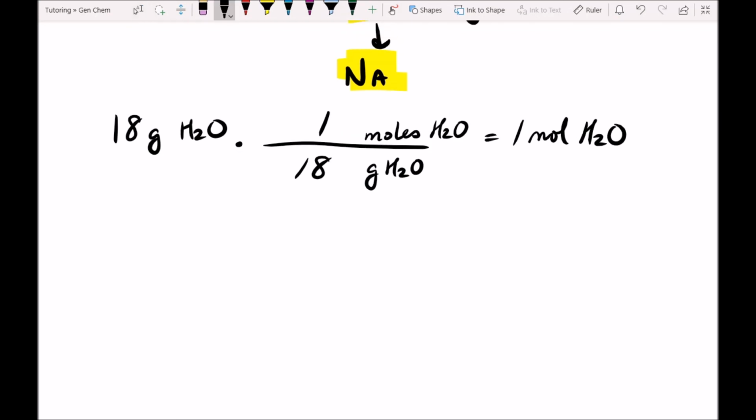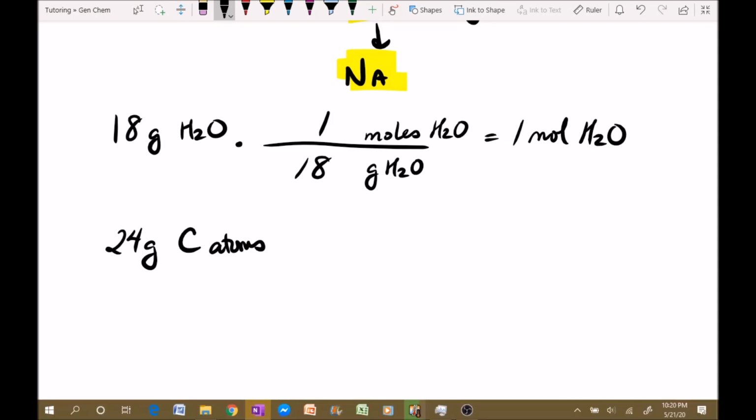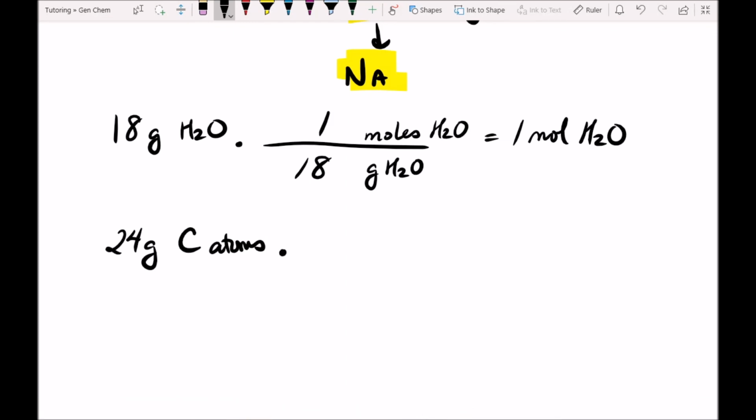Simple. Let's say we have 24 grams of carbon atoms. Let's convert this into moles. 24 grams of carbon atoms, we'll multiply by a fraction equal to 1. We want moles carbon atoms, and we're trying to get rid of grams carbon atoms. So how many grams of carbon atoms are in 1 mole of carbon atoms?